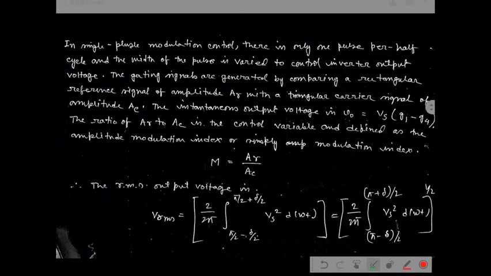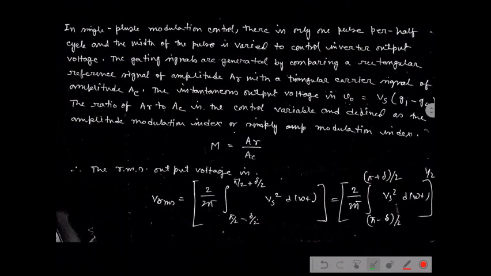The RMS value is 2 by 2 pi times the integration from pi by 2 minus delta by 2 to pi by 2 plus delta by 2 of Vs square d omega t. Ultimately we get 2 by 2 pi times the integration from pi minus delta by 2 to pi plus delta by 2 of Vs square d omega t.